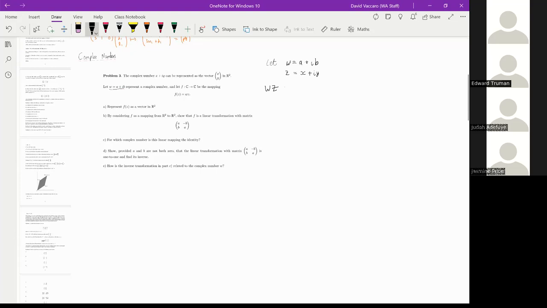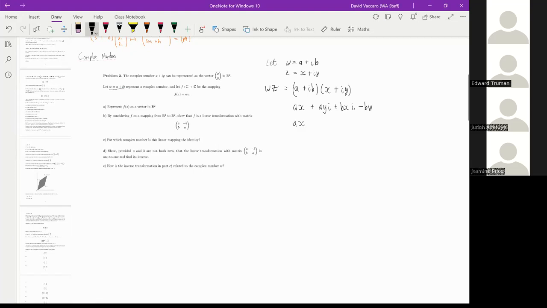Okay, so WZ is (A + iB) times (X + iY). And if I open the brackets, I get AX plus AYi plus BXi. And then I get an i squared term, which is minus BY.